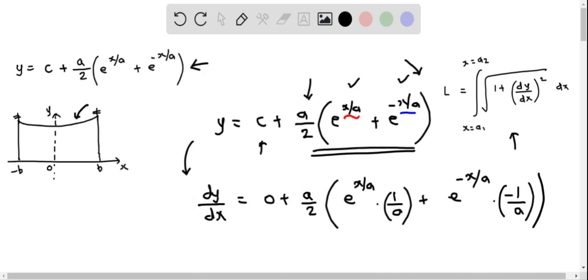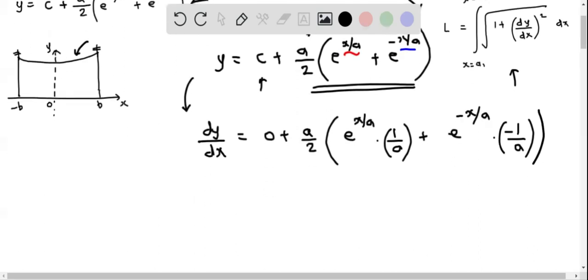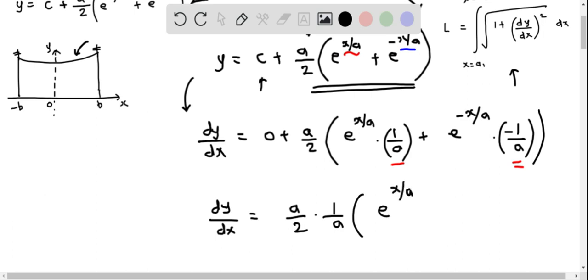And so we simplify this dy by dx. So therefore this becomes dy over dx equals a by 2. We see that this 1 by a can be factored from these two terms. So I'm going to factor this 1 by a. So therefore this becomes e raised to the power of x by a. We have a negative over here, so this becomes negative of e raised to the power of negative x by a.